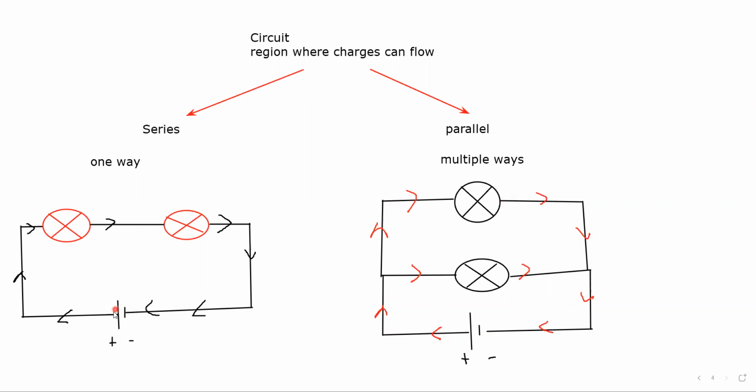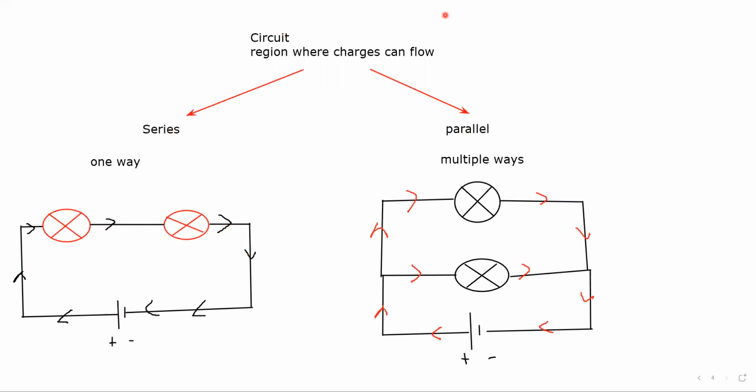But here the charges have only one way. The moment the charge enters, it can only flow through this path and return back. When the charges have only one way to flow, we call that circuit series. And if charges have multiple ways to move through the circuit, we call it a parallel circuit.